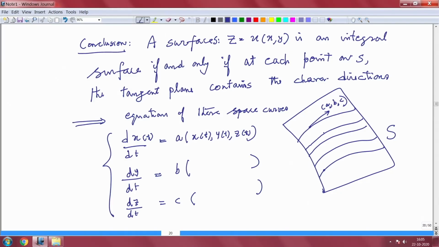Conversely, I can make a surface using my characteristic curves, and that surface becomes an integral surface. So, it works both ways. Given a surface, if it can be decomposed into characteristic curves, it will be an integral surface, or if you have a surface formed using the characteristic curves, that surface will become an integral surface.